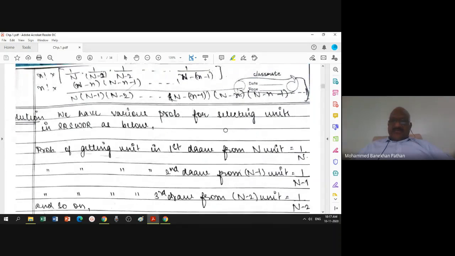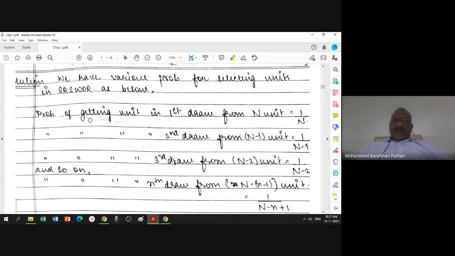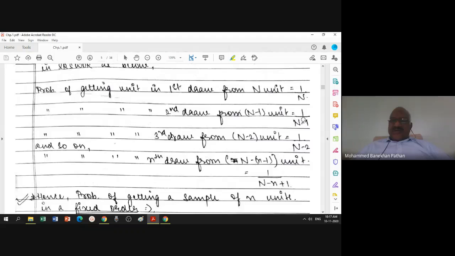See the proof of this. We have various probabilities for selecting units in SRSWOR as below. The probability of getting a unit at first draw with population size N is 1 by N. Second draw is 1 by N minus 1, because the method is without replacement.